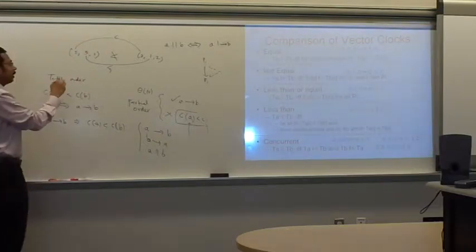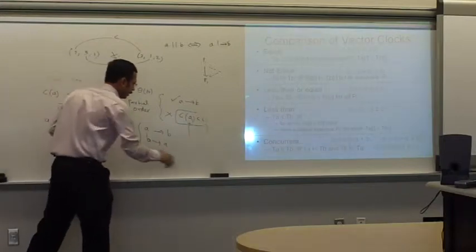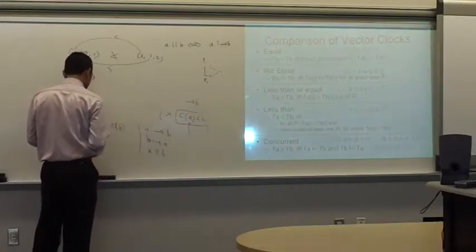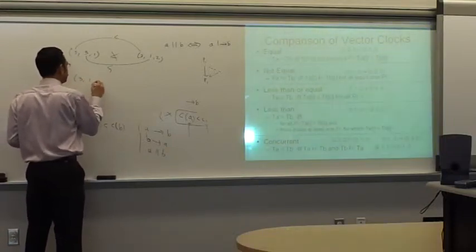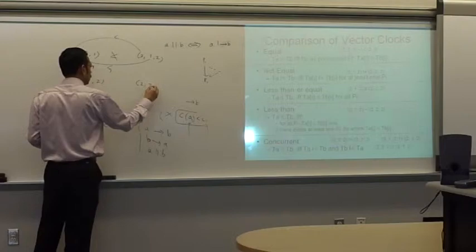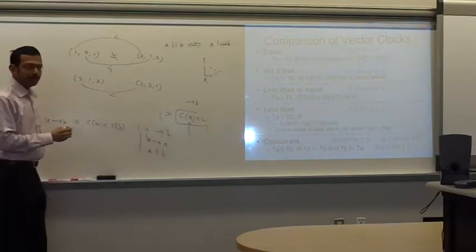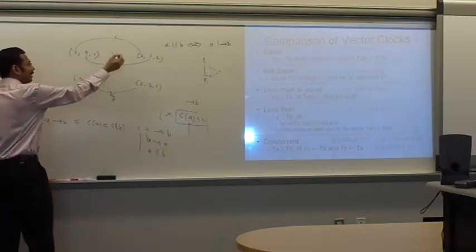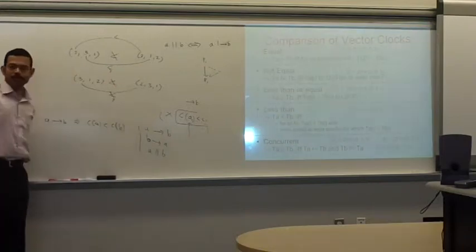How about the other way? Compare 3, 1, 2 and 2, 3, 1. You cannot say 3 is less than 2, right? So it means you cannot say this is less than this, and you cannot say this is less than this, right?